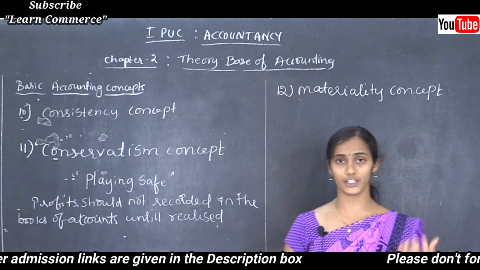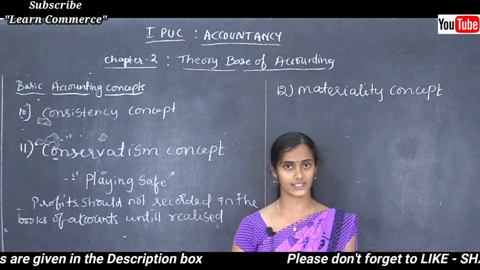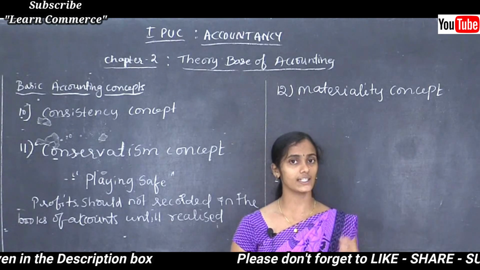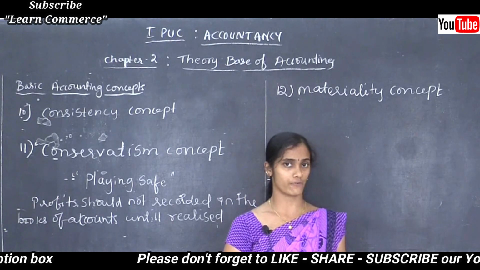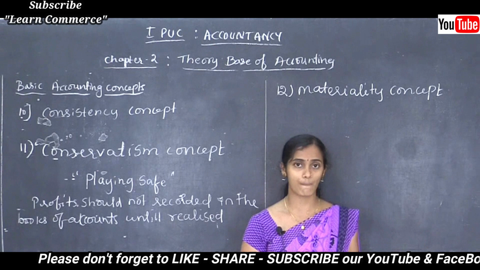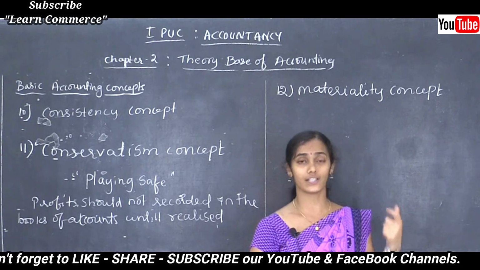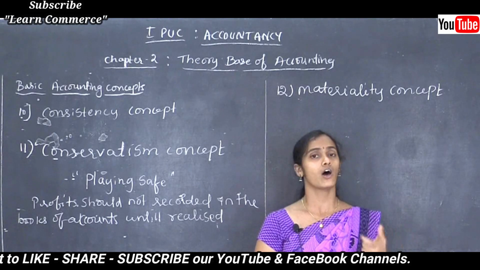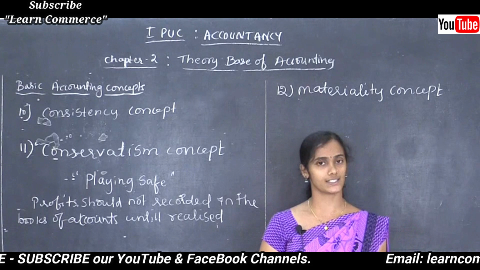So according to this concept, all material and relevant facts should be recorded in the books of accounts, because the organization needs to prepare financial information that should have the character of reliability, comparability, relevance and understandability.